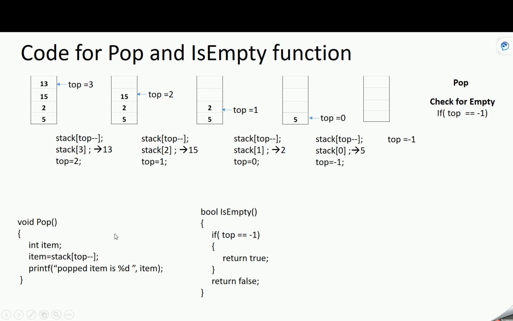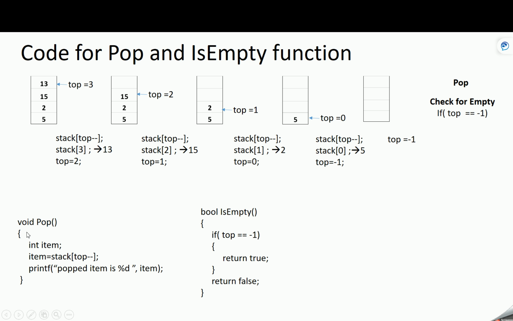We should always check for the empty condition before removing any item from the stack, to avoid the error situation. If the stack is already empty and we pop one more time, it will give an error. So we should check for empty.